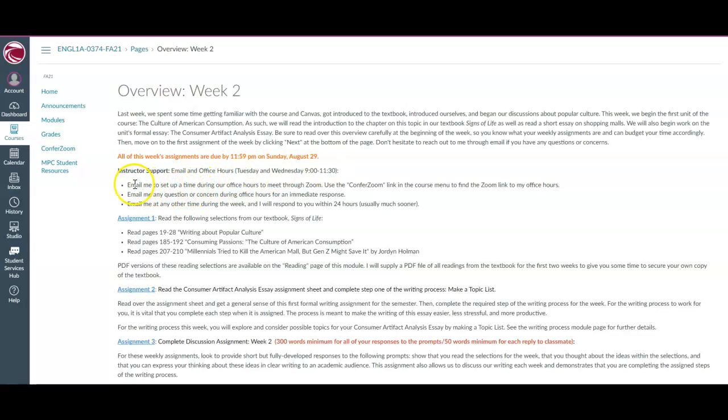The next section just gives you some information about how to get some further support from me, either through email or through office hours. Just remember that we do have an opportunity to use office hours to meet through Zoom if you have a question or concern that needs more than just a quick answer that you could get through email.